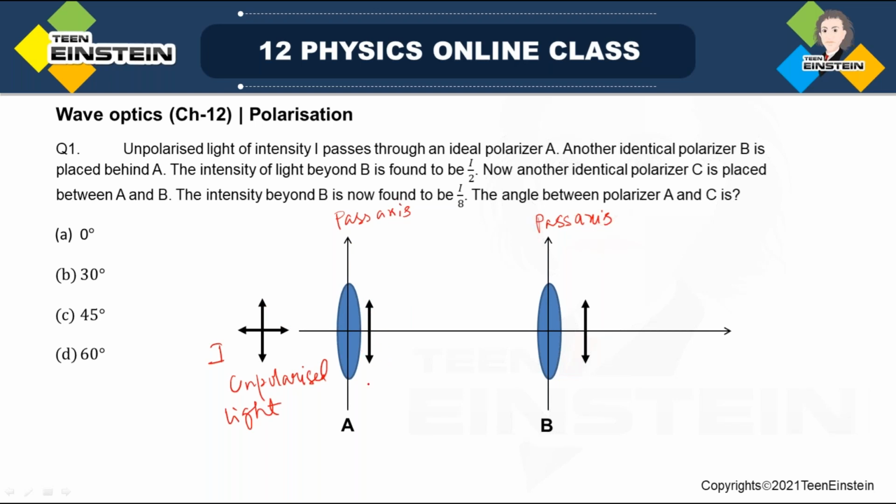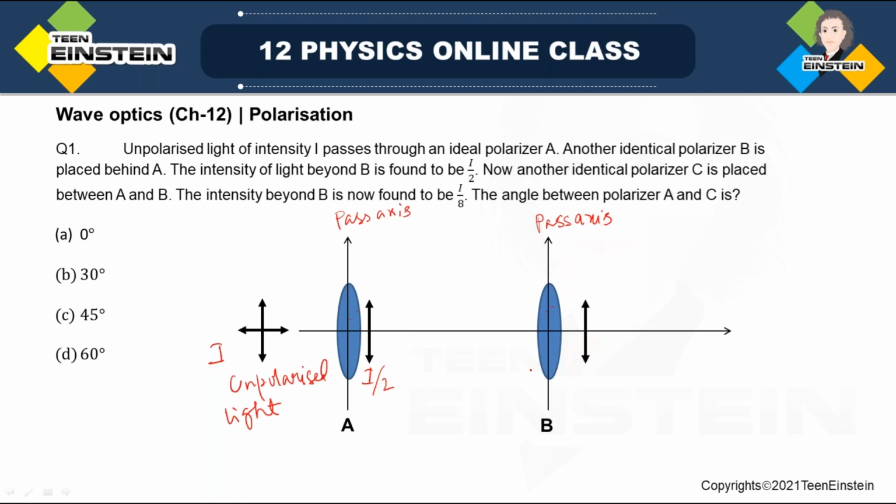Okay, that you can understand here. So this will be I by 2 intensity. Since these two polarizers are identical first of all, their pass axes are actually oriented in the same direction.